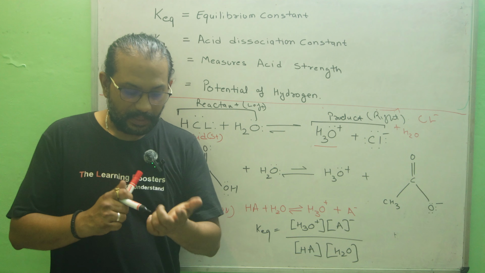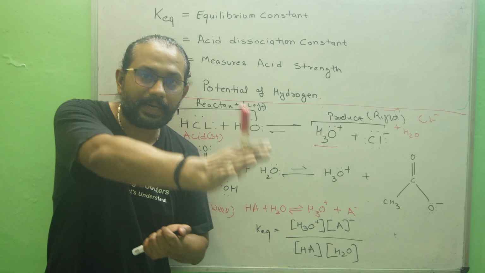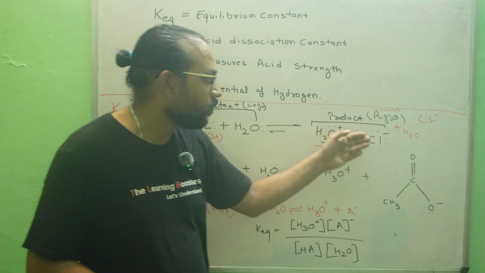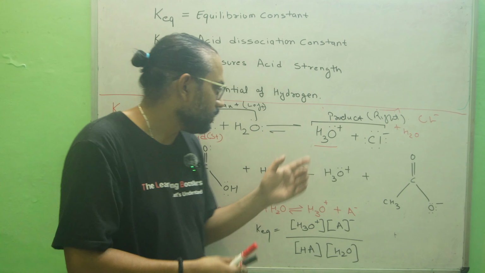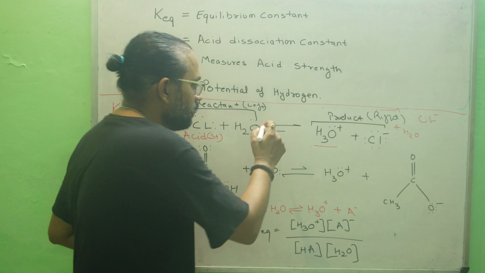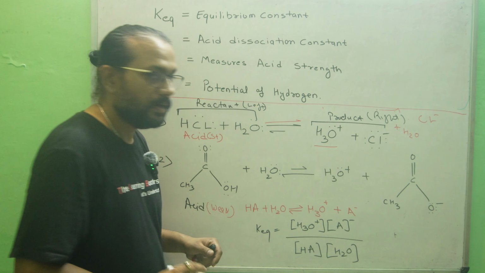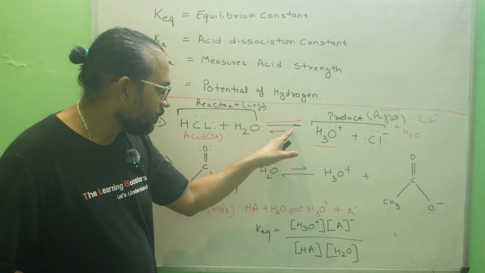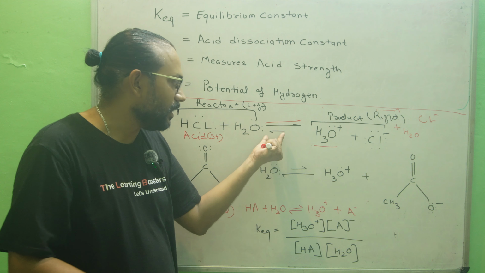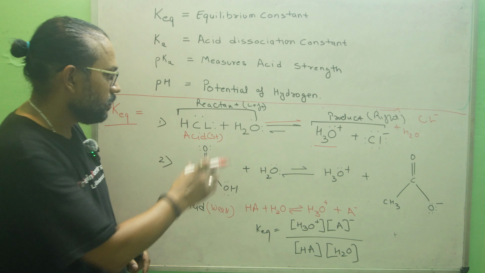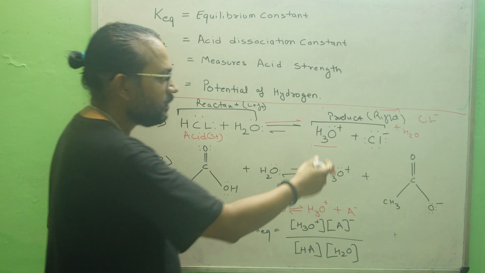When the acid is completely dissociated, the equilibrium lies toward the right-hand side, meaning the product is favored. That is why, if you observe, the forward reaction is more favorable, and the arrow representing it is lengthier than the smaller one. So the equilibrium lies toward the right.